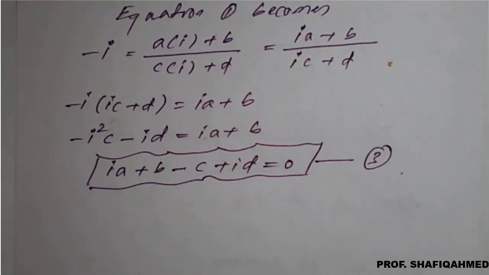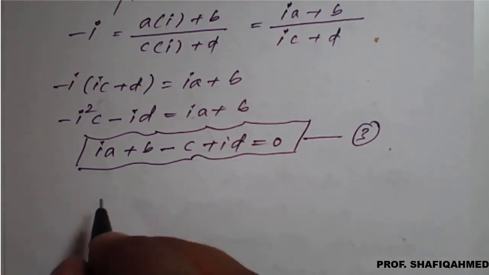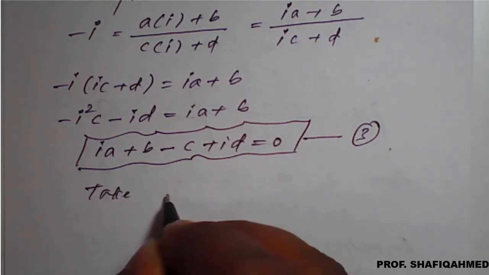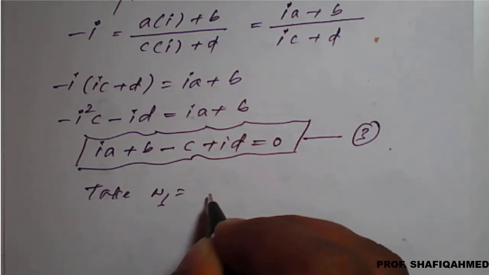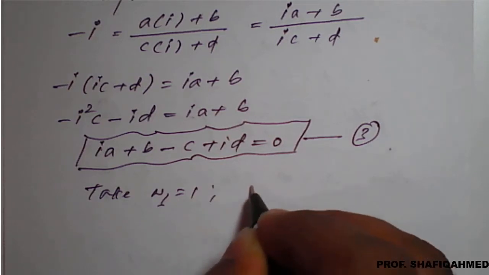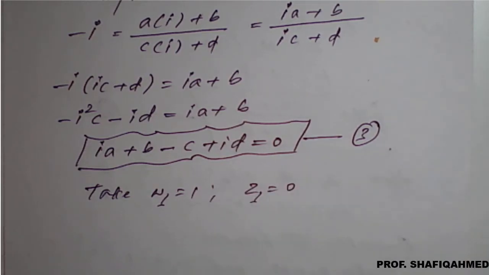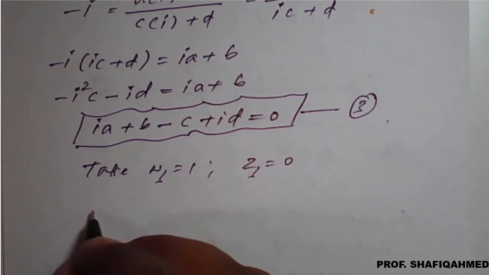So now again we have to apply one more last value, that is, take W3 is equal to 1 and Z3 is equal to 0. If you apply these values in equation number 1, what happens?